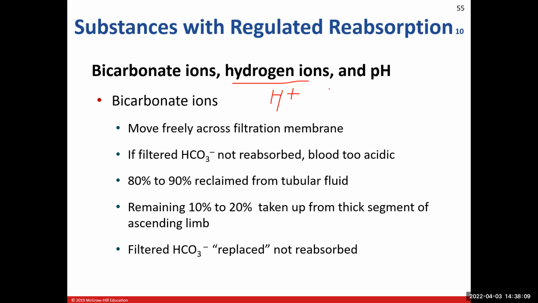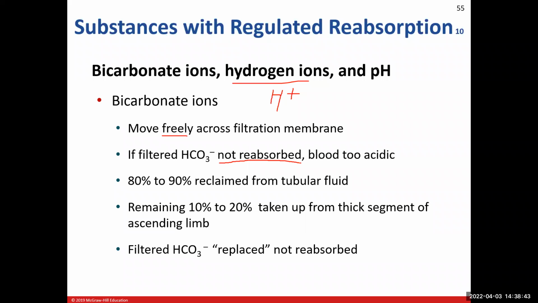So let's talk about our bicarbonate ions. Bicarbonate ions are granted the ability to freely move across our filtration membrane. So they pretty much are filtered right out of the blood, and they will enter into the tubular fluid here. Interesting fact though: any of that bicarbonate that leaves the blood and enters into the tubular fluid is not going to be resorbed.